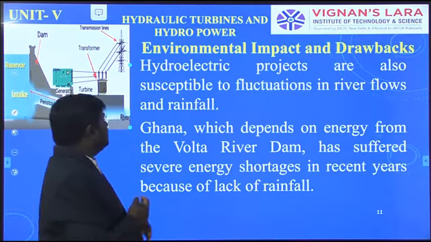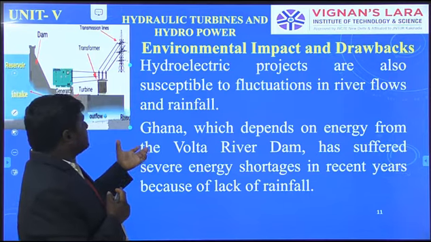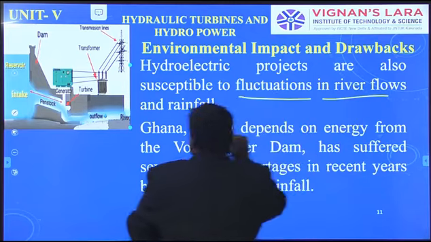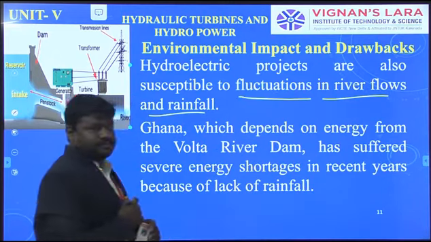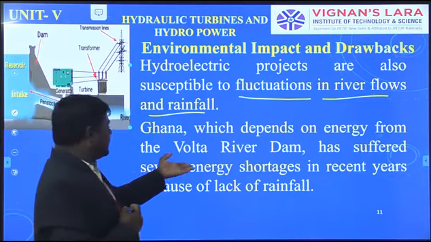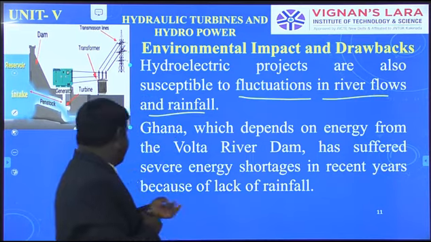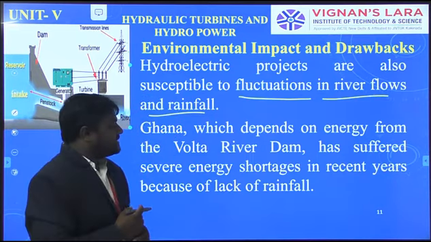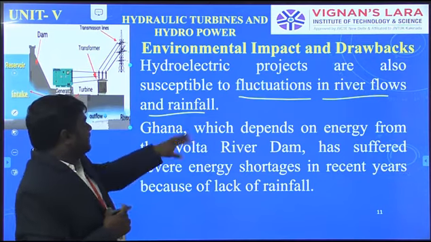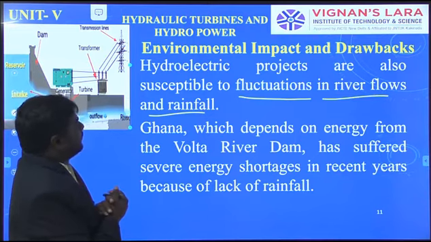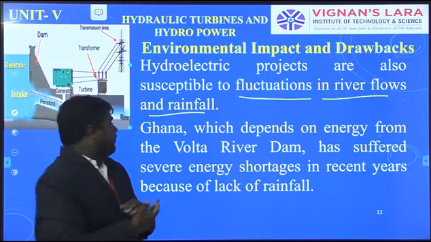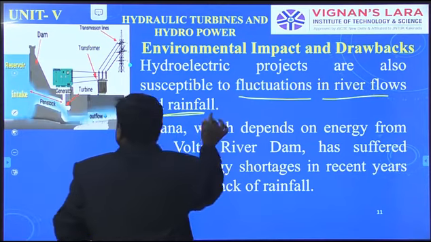One more drawback is that hydroelectric projects are susceptible to fluctuations in river flows and rainfall. Some reservoir dams have suffered severe energy shortages in recent years. The most important drawback is that hydroelectric projects are susceptible to fluctuations in river flows and rainfall.